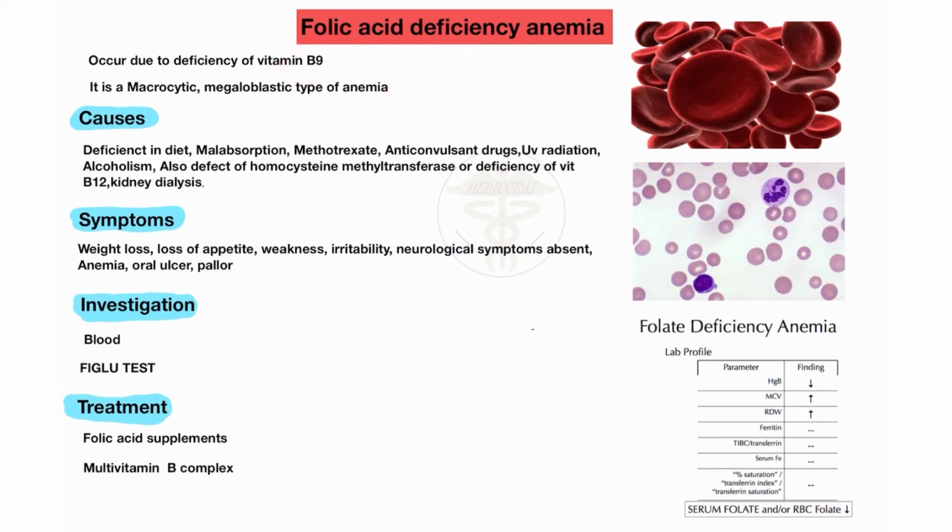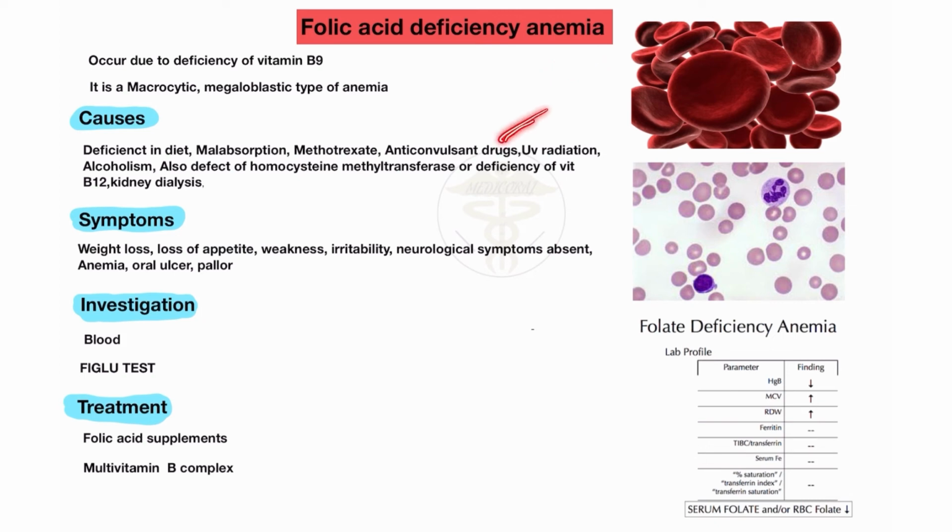I know B12 deficiency occurs in pernicious anemia, but in folic acid deficiency anemia the patient also has vitamin B12 deficiency. So: deficiency in the diet of vitamin B9 and B12, malabsorption of the vitamins, and methotrexate. It is a drug which also causes folic acid deficiency anemia.